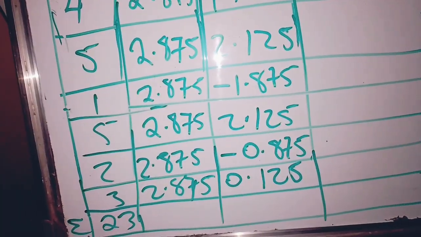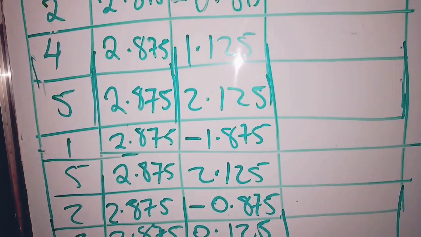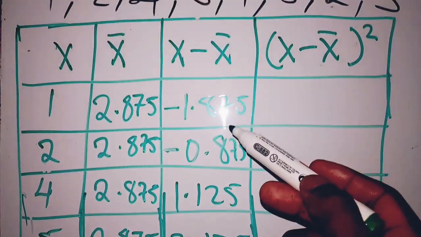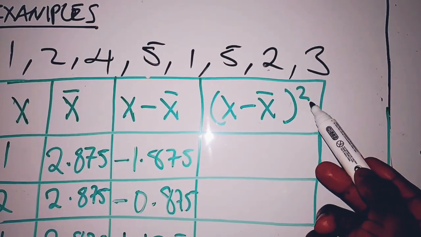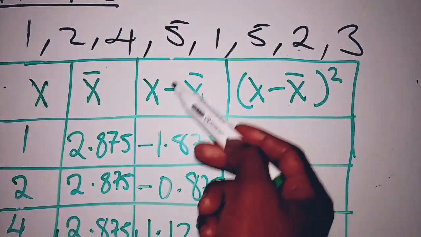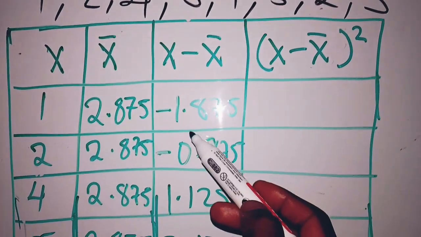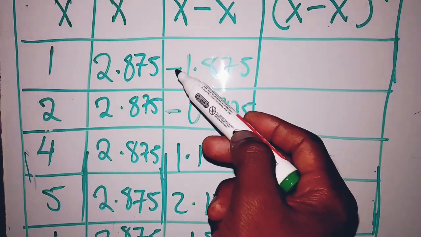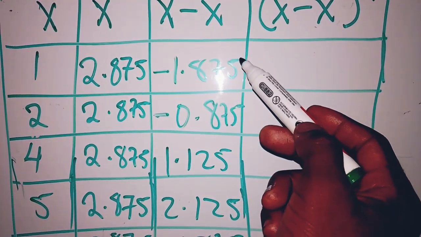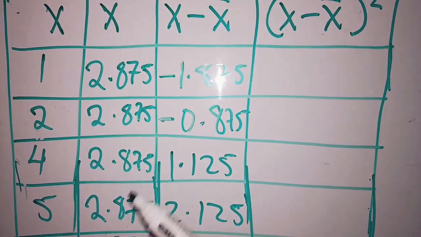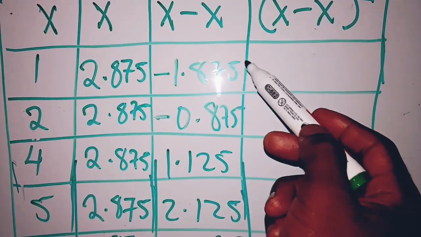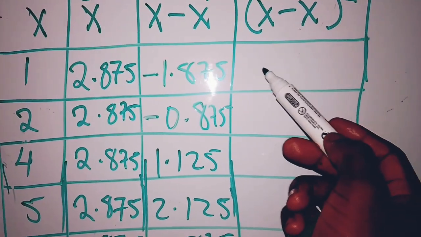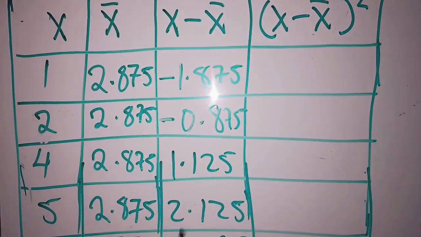Okay, so this is what I'm having. So I have to square this, like you can see. Which means I have to multiply negative 1.875 times negative 1.875, which is going to give me the positive answer.